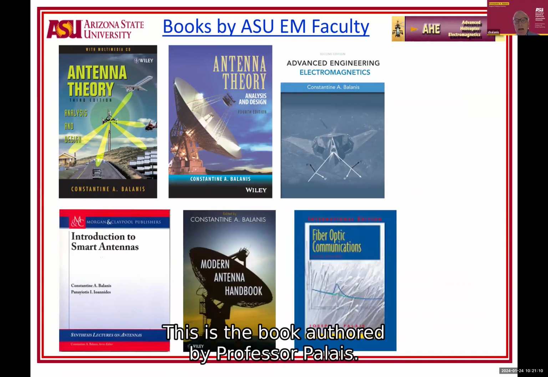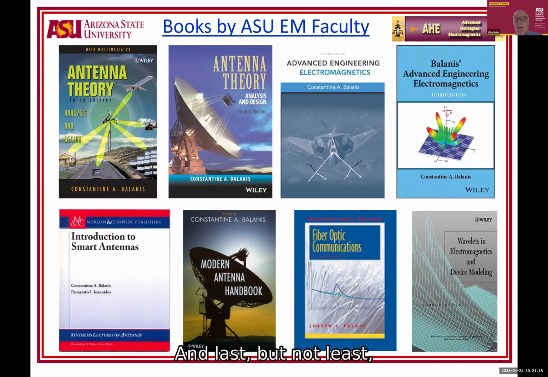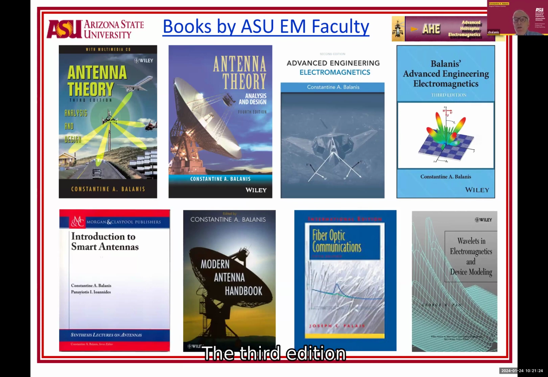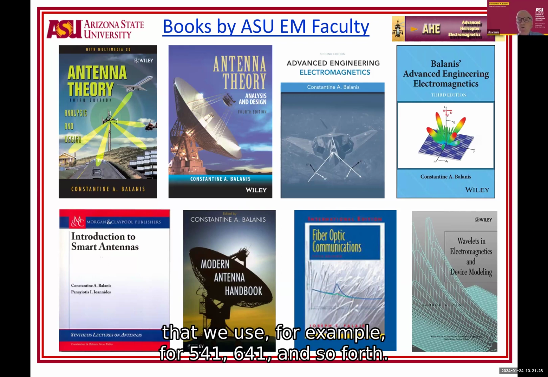This is the book on fiber optics, authored by Professor Palais. This is a book on wavelets, authored by Professor Pan. And last but not least, this just came out about 3-4 days ago. This is the 3rd edition of the Advanced Engineering Electromagnetics book that we use, for example, for 541, 641, and so forth.